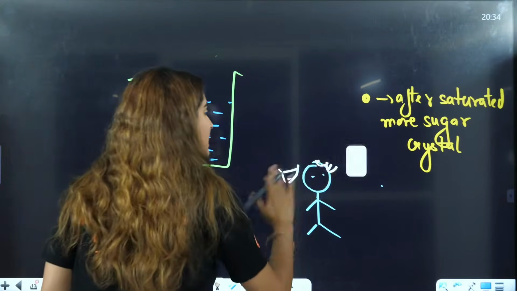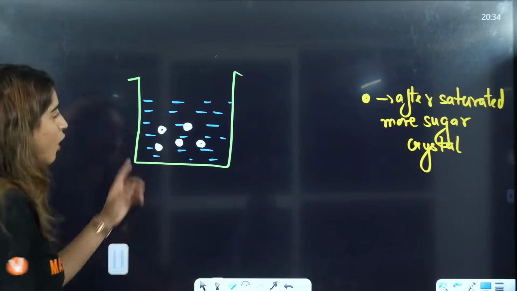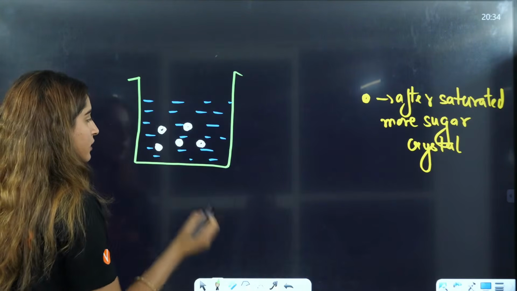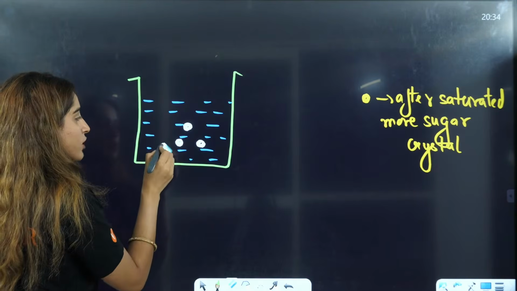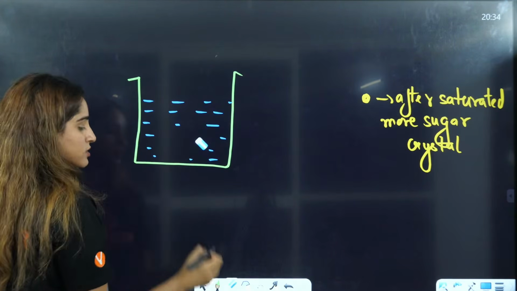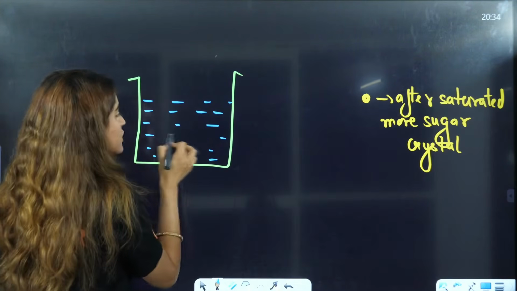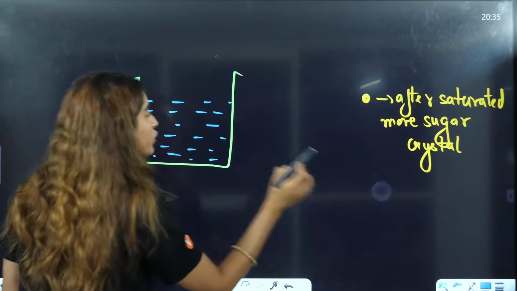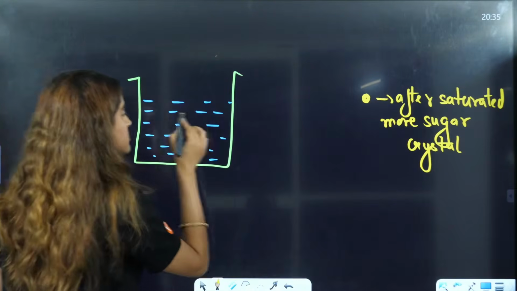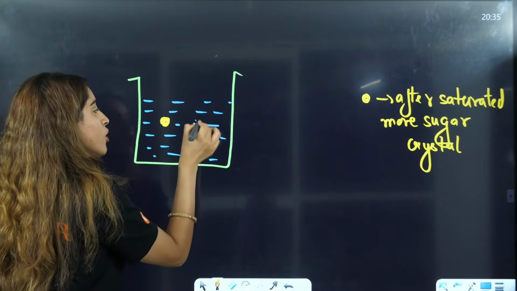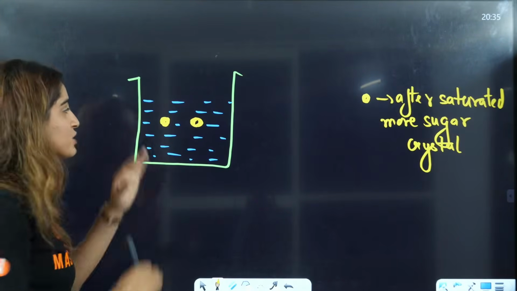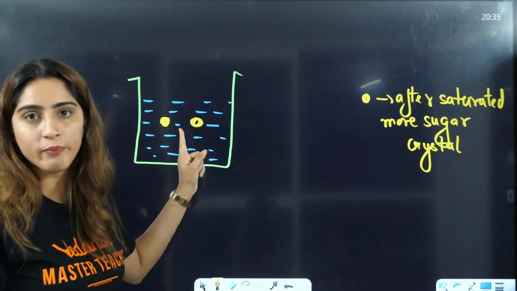What happens, right? Earlier, it has dissolved these 5 particles. This is already dissolved, this is dissolved, all of these particles are dissolved. Now, you are adding more sugar crystals into it. See this. It's not that this sugar crystal will not be dissolved.